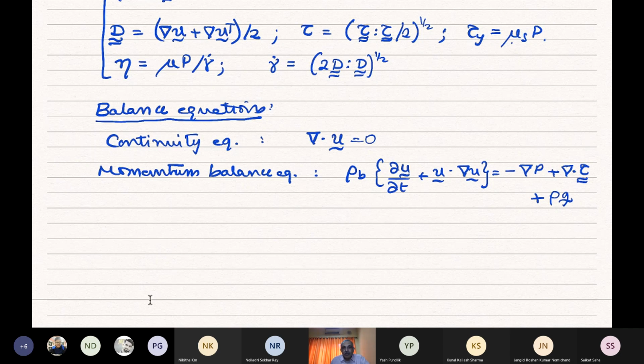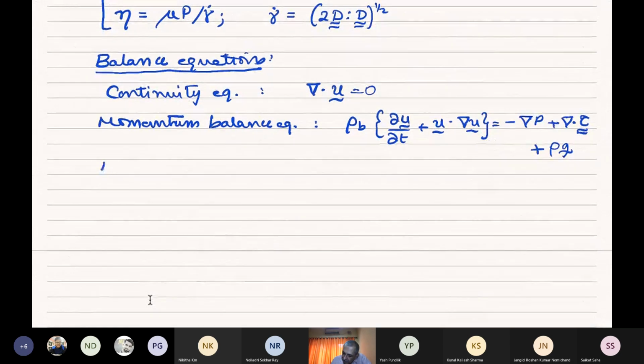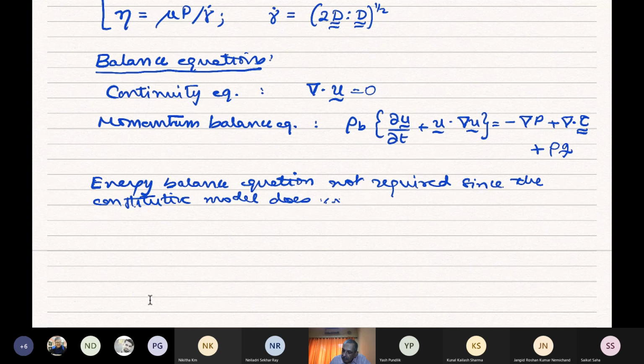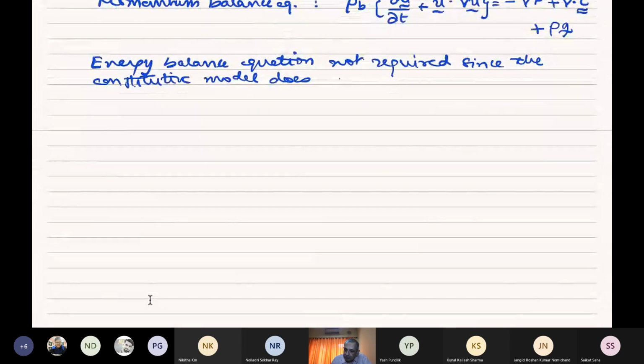So what is missing? We don't need an energy balance equation. It's not required since the constitutive model does not contain the granular temperature.